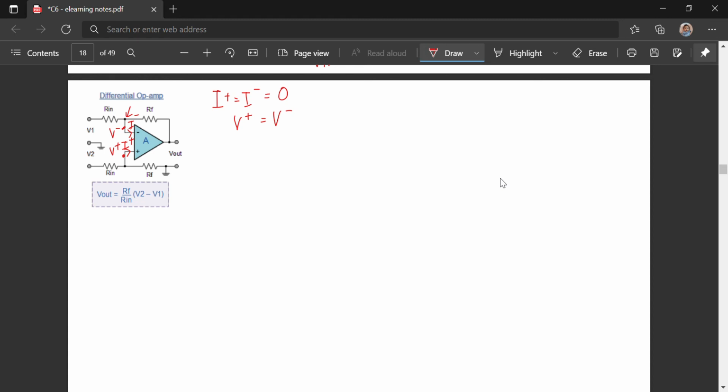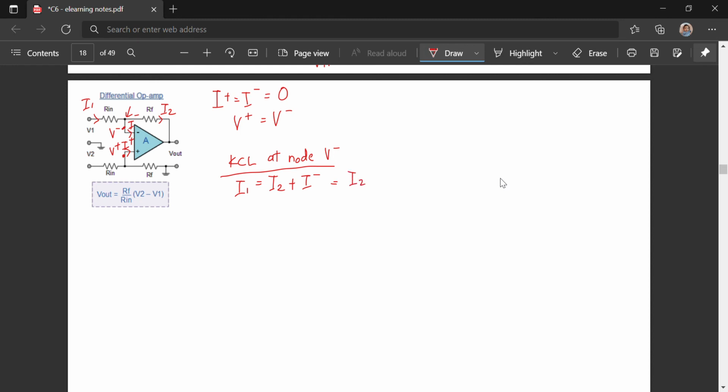Here I label I1 and I2. KCL at node V minus: I1 equals I2 plus I minus. Since I minus is 0, therefore I1 equals I2.